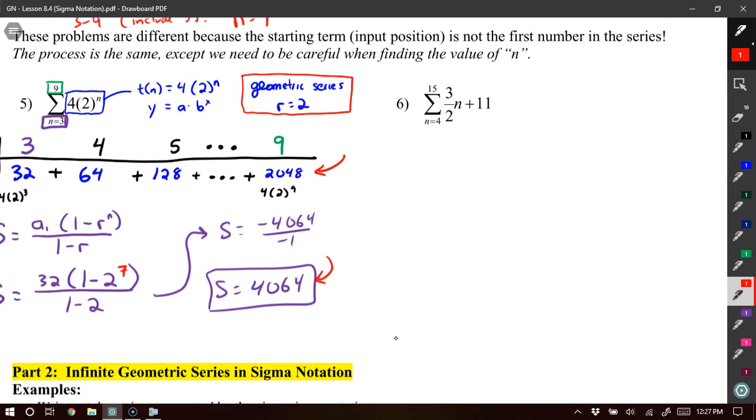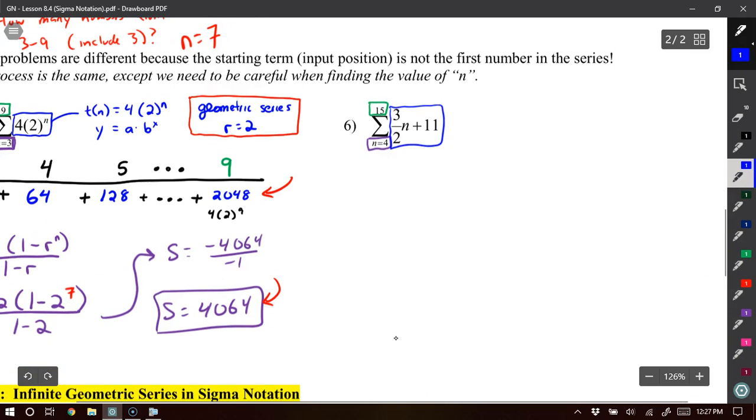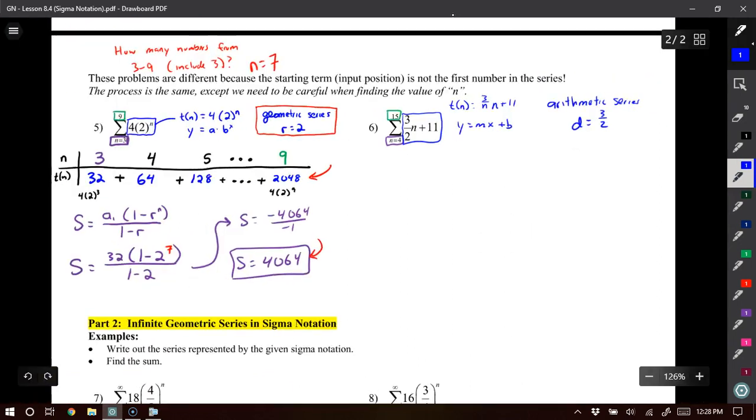So the harder part of this one is going to be determining where you're starting is going to change. So it's going to be finding how many total numbers you are dealing with in this series. In this case, you have t of n equals 3 halves n plus 11. That's very similar to slope-intercept form, which tells me this is an arithmetic series with a common difference of 3 halves each time.